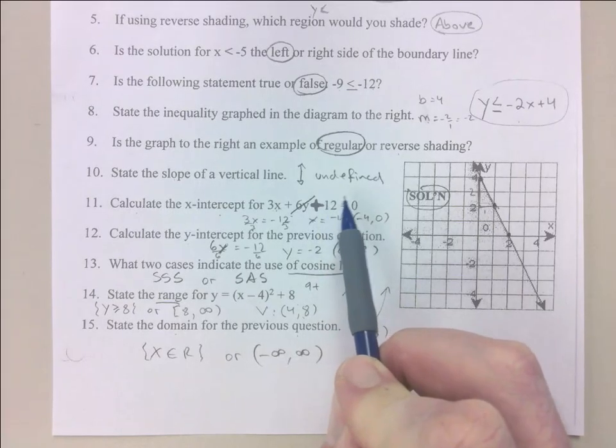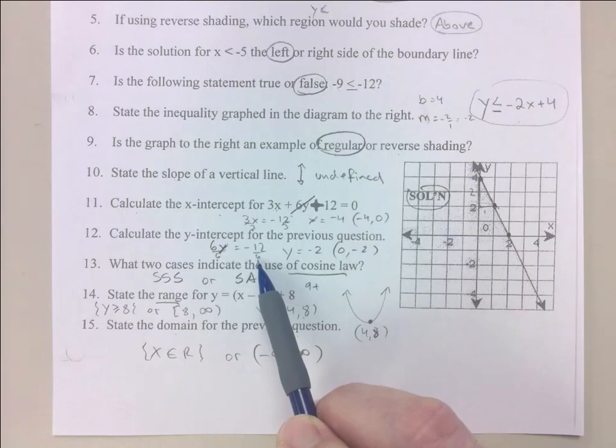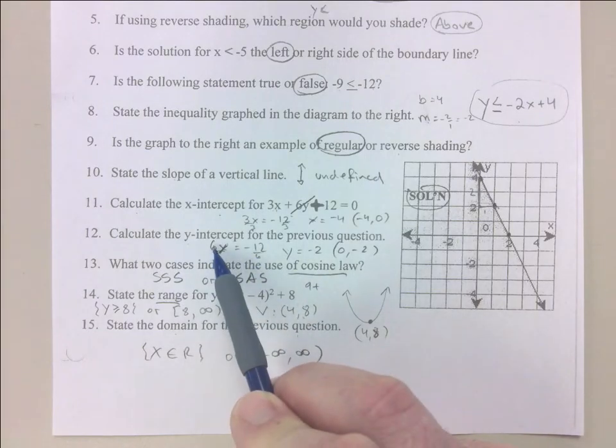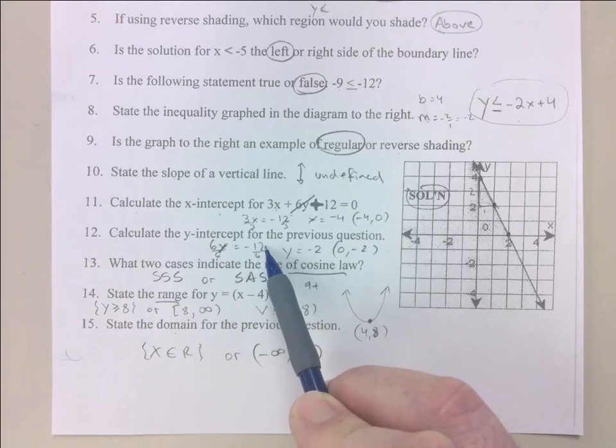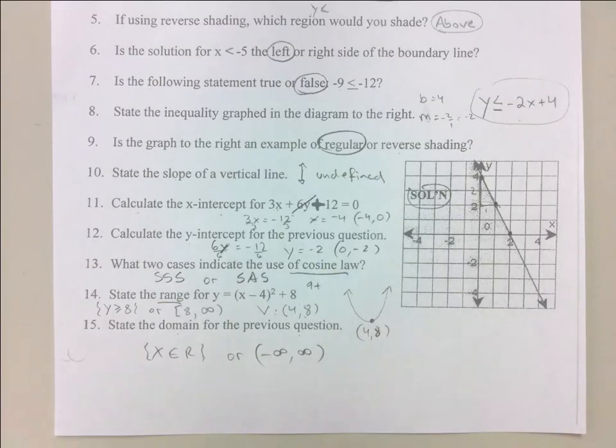The 12 goes over to the other side negative. So 6 cancels out. This is negative 12 divided by 6, which is negative 2. So if you have a negative 2, you get the marks.